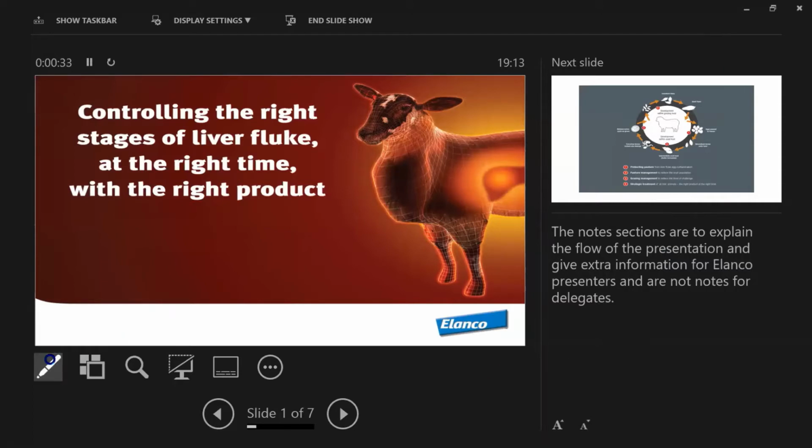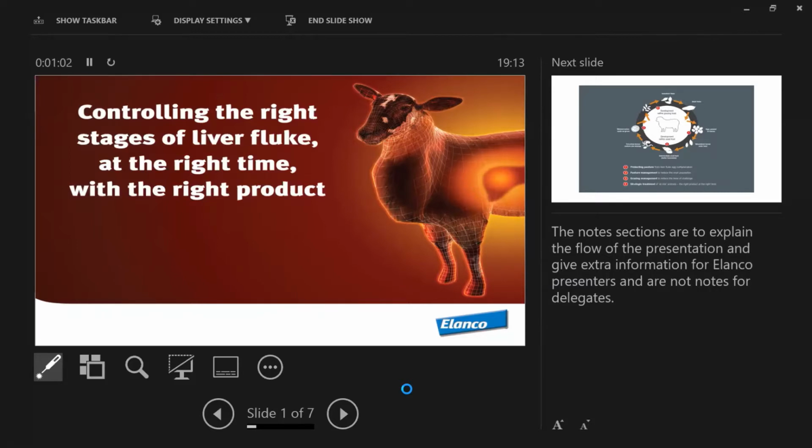Okay. So our brief for this, myself and Guy's brief, was to go through the life cycle of liver fluke, which is quite a complex life cycle, and I've cut it down to basically looking at the life cycle within the animal rather than outside of the animal, what happens in the field, because in 20 minutes I haven't got enough time to do that really, to be honest.